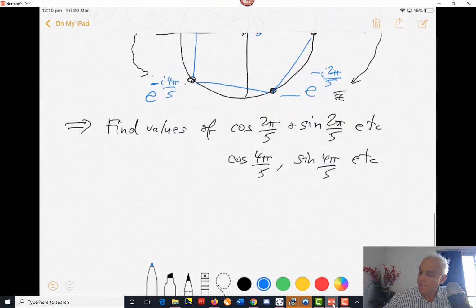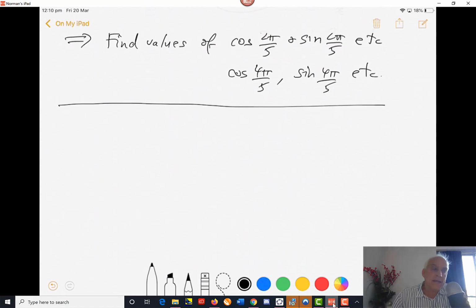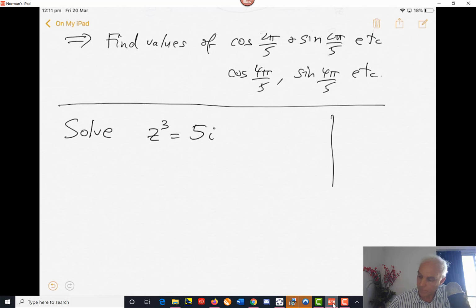Okay, so once we have this sort of technology in place, then actually we can extend this to get nth roots of more general complex numbers. Suppose now we want to solve z cubed equals 5i.